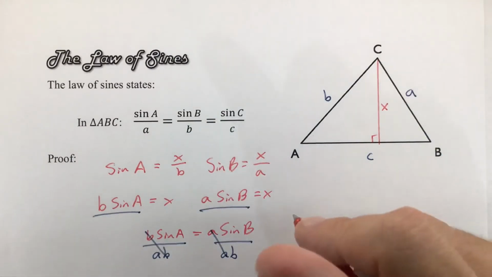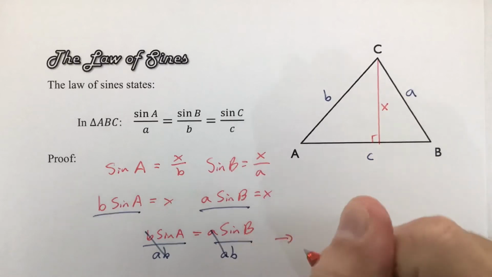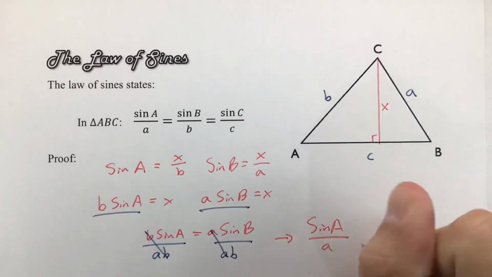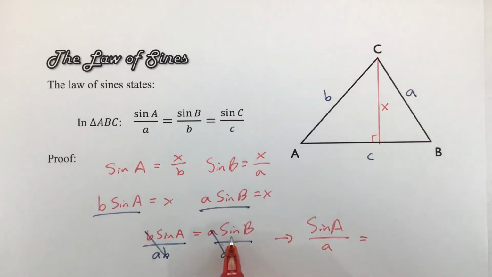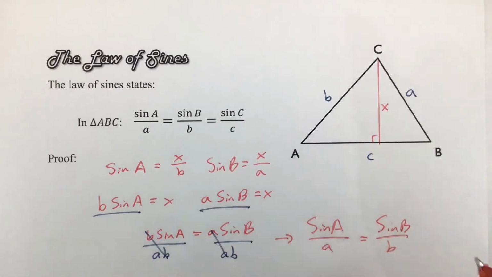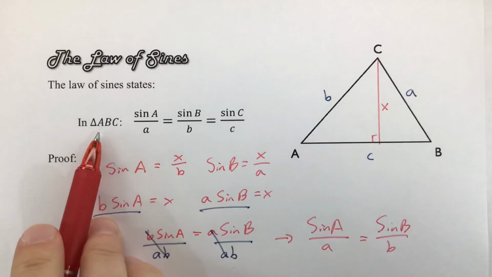And if I clean everything up here, you're going to have sine A in the numerator, but you still have a little a on the bottom. And over here, we're going to have sine B over little b. And that is the law of sines.